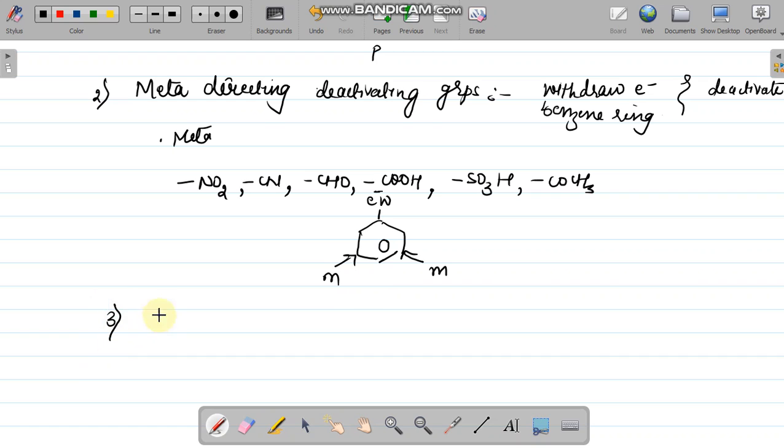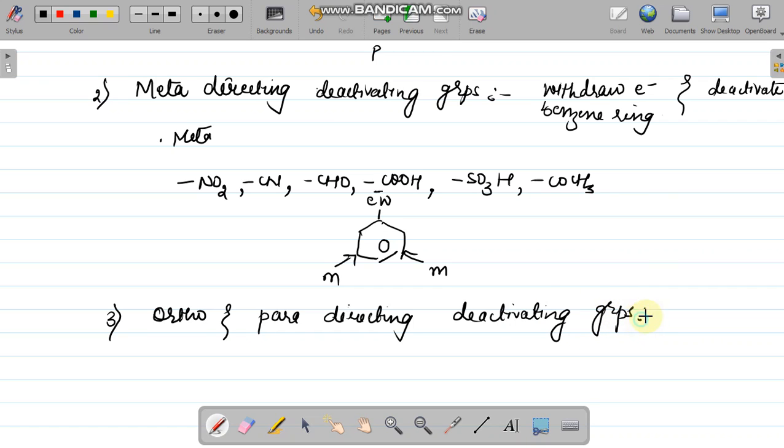The third one is ortho and para directing deactivating groups. In this case, the groups withdraw electrons from the benzene ring, and when they withdraw, they deactivate it.